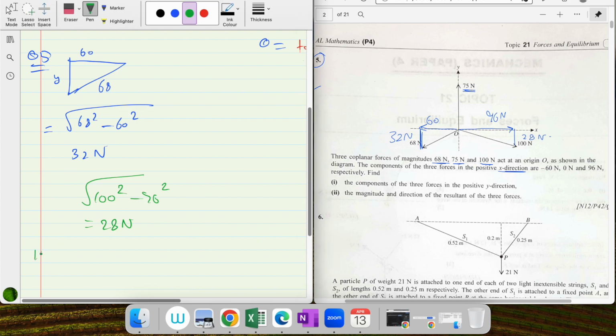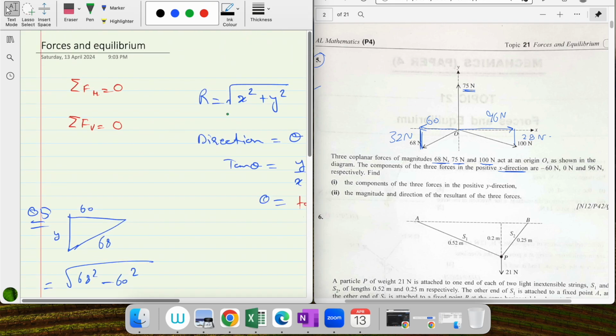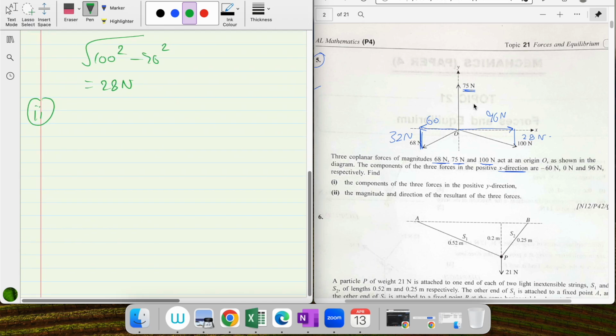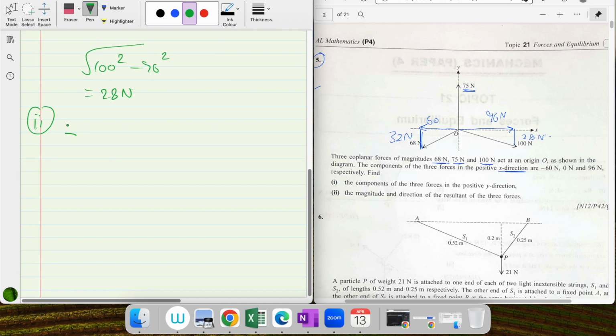The second part of this question asks for the magnitude and direction of the resultant of these forces. As we discussed earlier, we take the sum of x forces and the sum of y forces, and then we use them for the resultant and direction. Looking at the diagram, the sum of forces in the horizontal direction is 96 minus 60, which is 36 newtons.